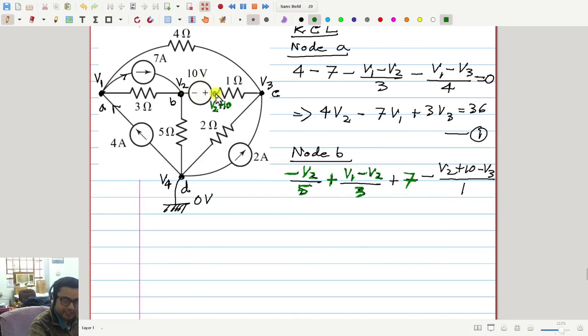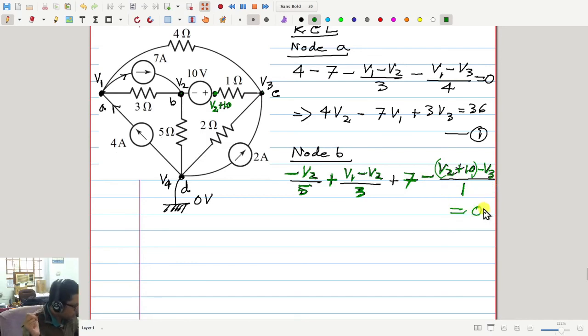And node C is at V3. So through this 1 ohm resistance, (V2 plus 10 minus V3) divided by 1 ohm is the amount of current going out. So this should be equal to 0.